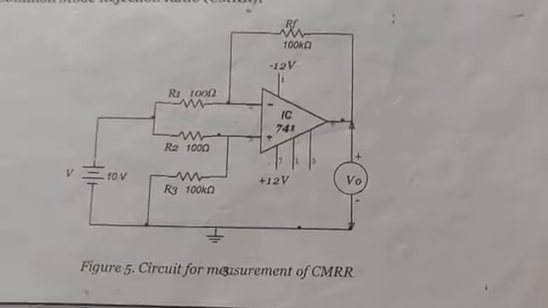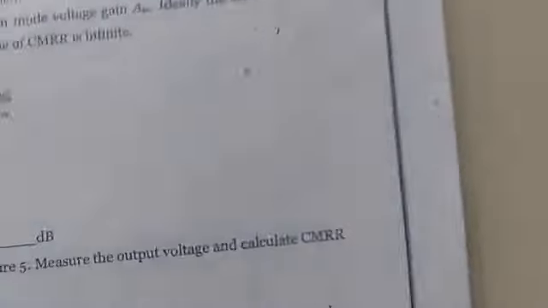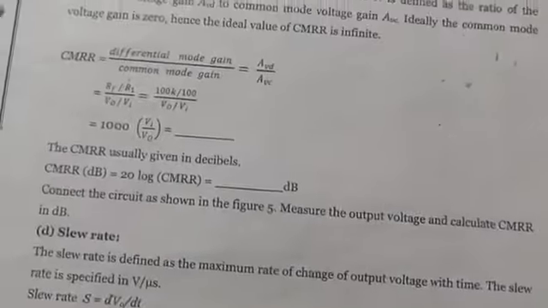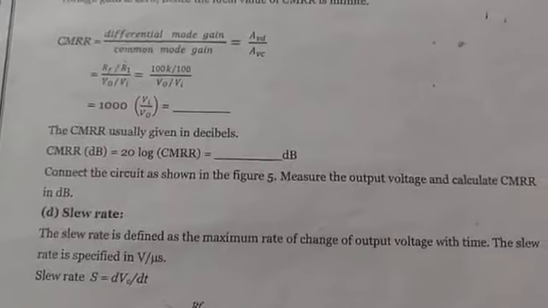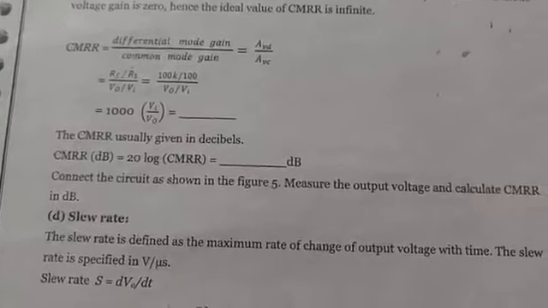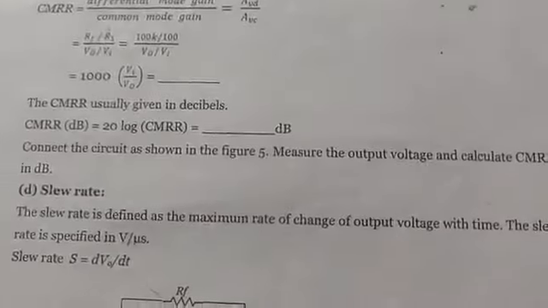So that is the input voltage. So we are going to substitute and we will find out the CMRR. Substituting this, we get CMRR is equal to 1000, which is the differential mode gain, into Vi upon V0.